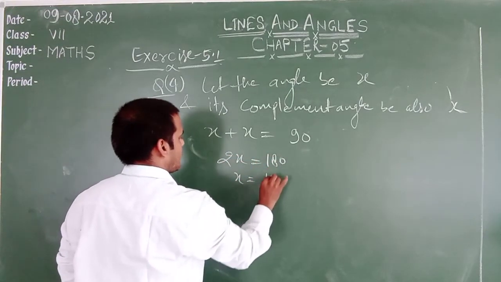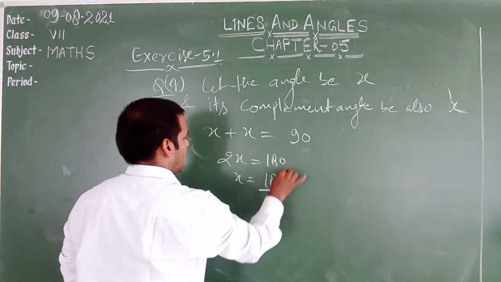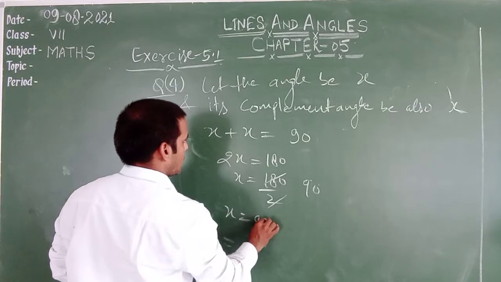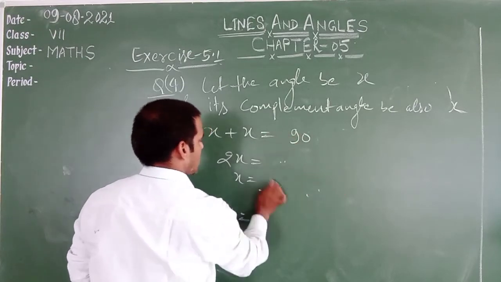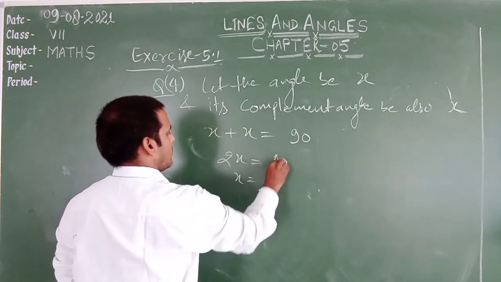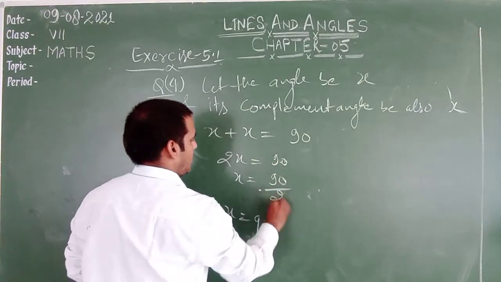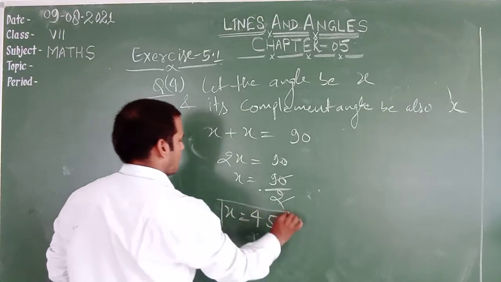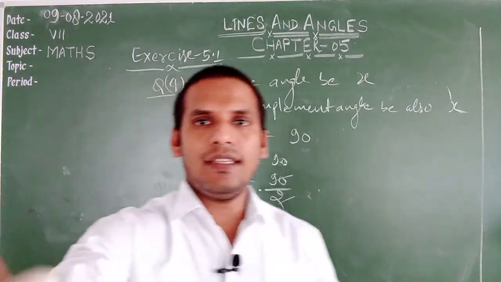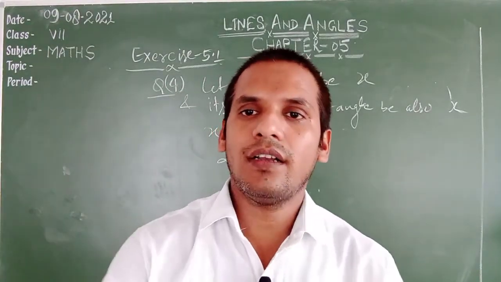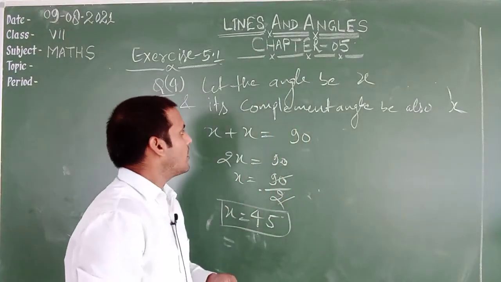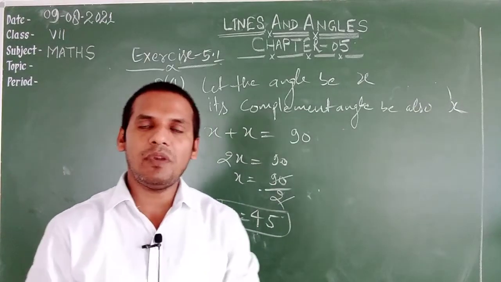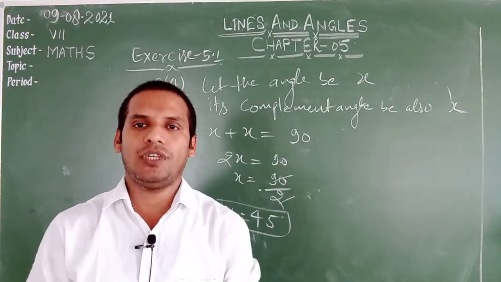Then the value of x is 90 divided by 2, which is 45. It means 45 is the angle whose complement is again itself, 45.